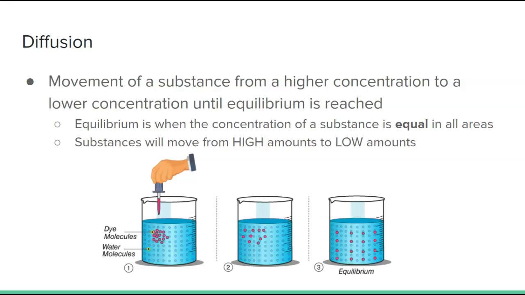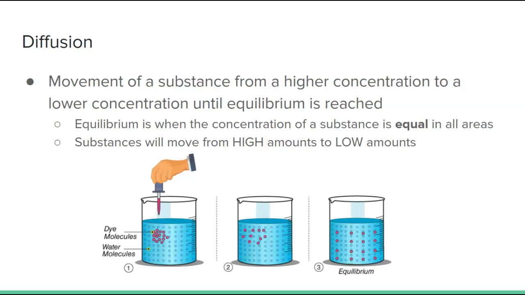So let's talk about one way to equalize those concentrations. In this case, we're talking about diffusion. So diffusion is the movement of a substance. It could be sugars, it could be salt, it could be perfume, it could be food coloring. A substance from a high concentration to a lower concentration until equilibrium is reached.